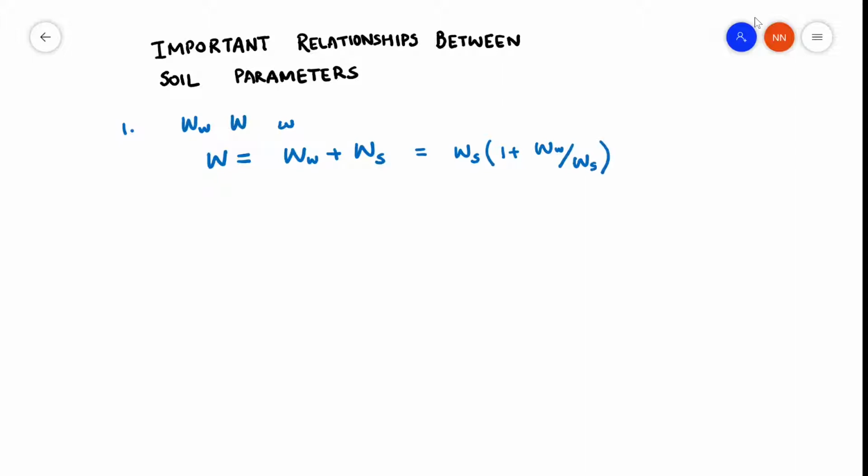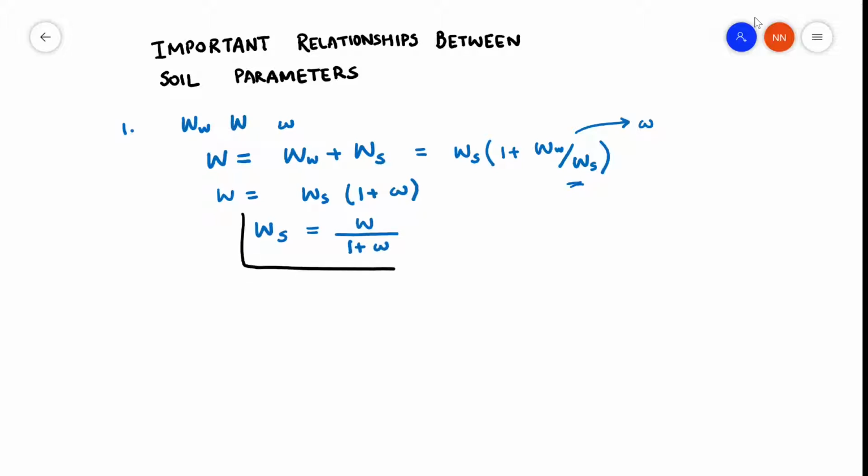And we know that this ratio, weight of water over the weight of solids, is called water content. So W becomes equal to WS times 1 plus water content. So the relation is WS equals W over 1 plus water content.